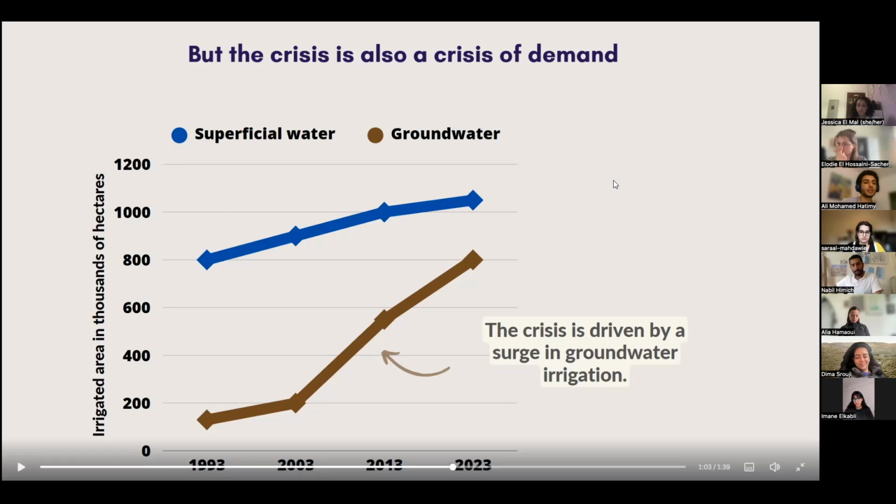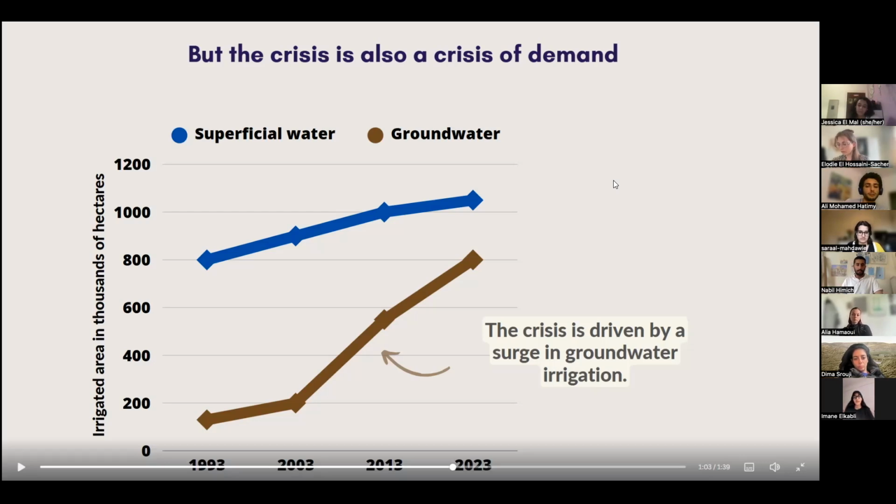But the main challenge in the recent decades in Morocco is that this water crisis was mostly driven by the groundwater demand, and most of the agricultural growth was enabled by the increase in groundwater extraction. We went basically from less than 200,000 hectares irrigated by groundwater to more than 800,000 hectares irrigated by groundwater.